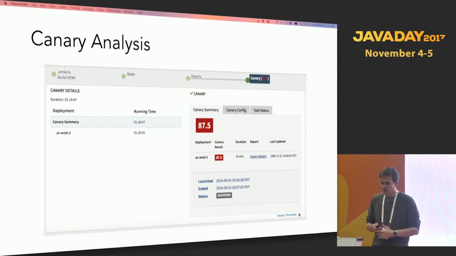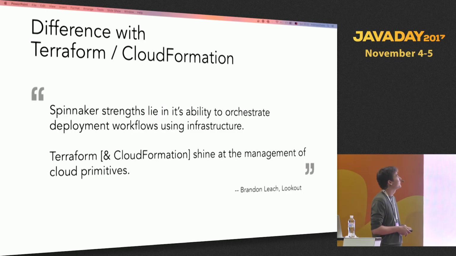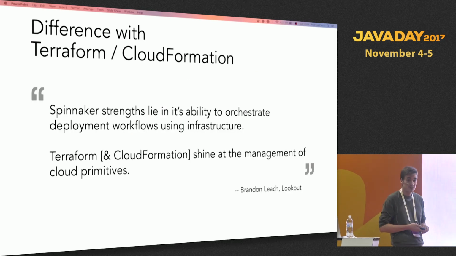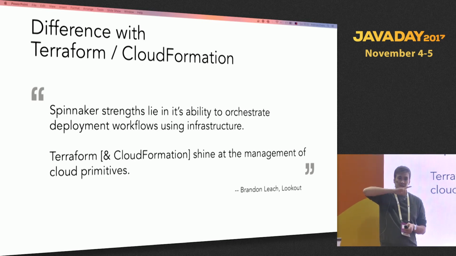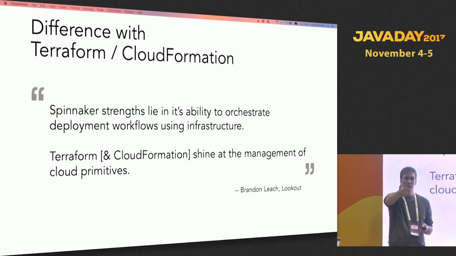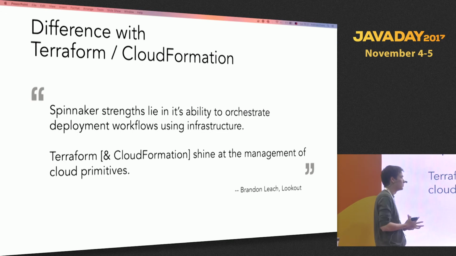Now, there are some tools out there as well that are similar to Spinnaker, I suppose. Terraform, CloudFormation. Anyone using any of these tools? All right, so it might seem a little bit the same, like Helm for Kubernetes. It's also kind of things that can set up environments or set up tools.